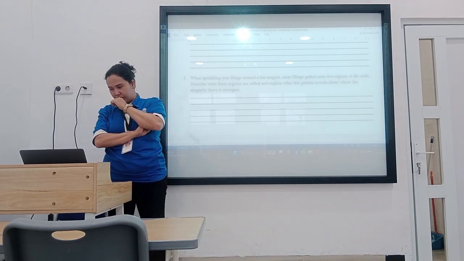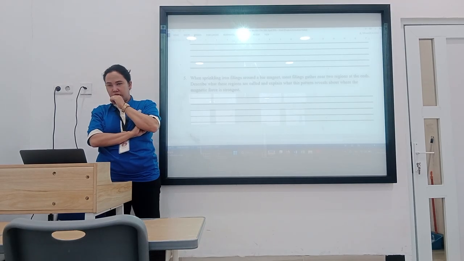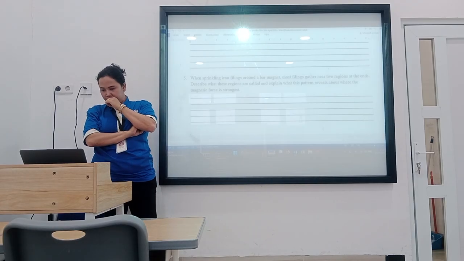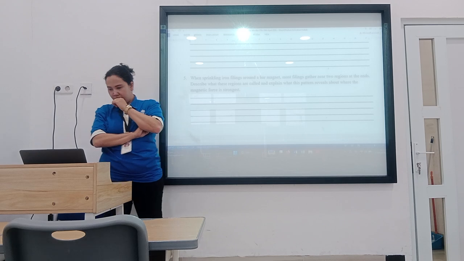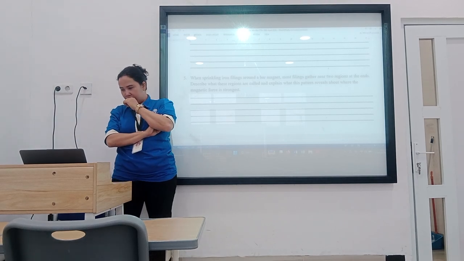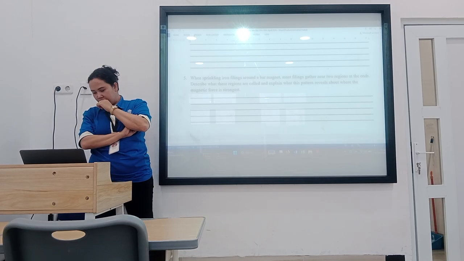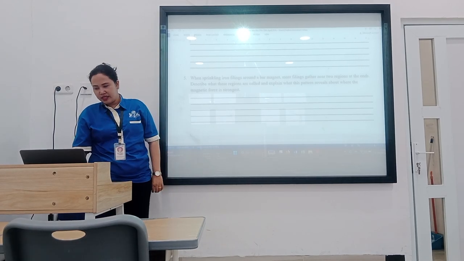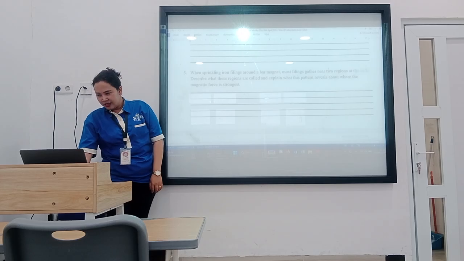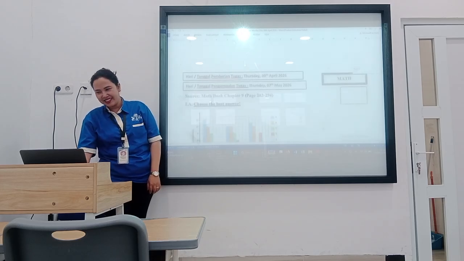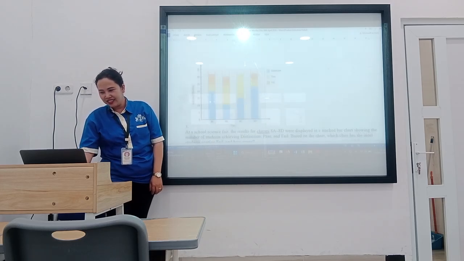Most filings are near two regions at the ends. The filings align with the magnetic field lines. Okay, I missed this, forgot. Okay, Miss, so skip. This science, I forgot. Okay.